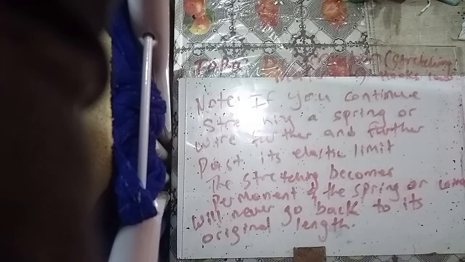Until the spring just stretches out so that it cannot obey Hooke's law at that point in time again. So when the elastic limit is passed, the spring no longer obeys Hooke's law. Or the metal wire does not obey Hooke's law when it stretches out so far that it cannot come back again.